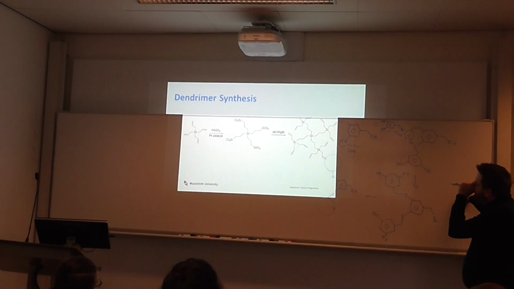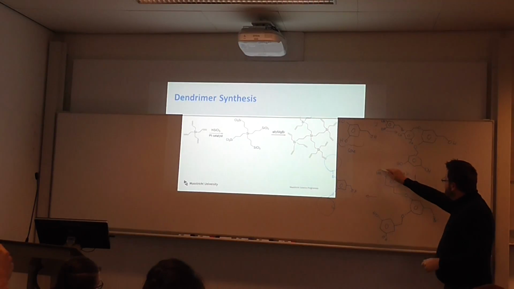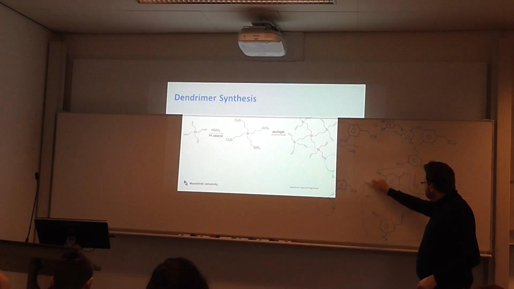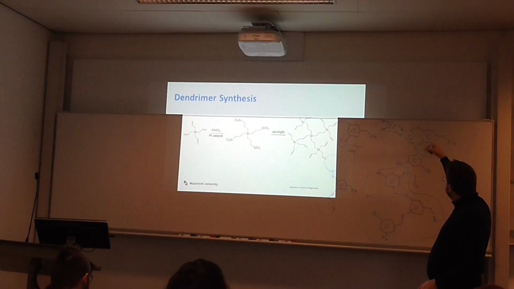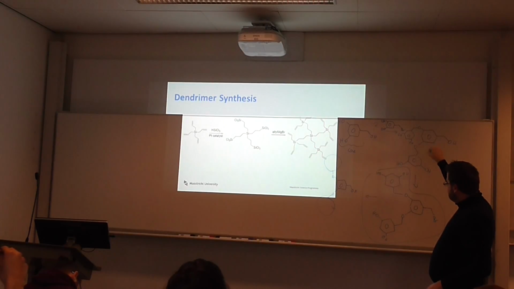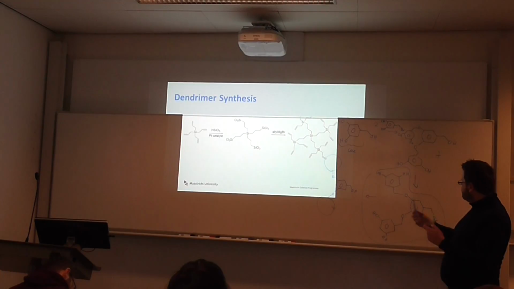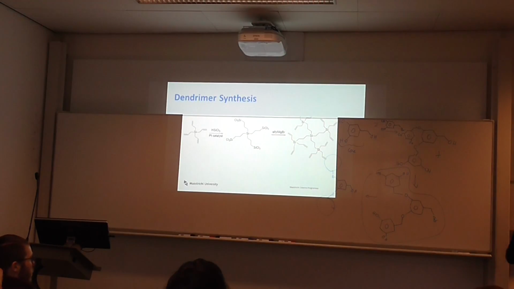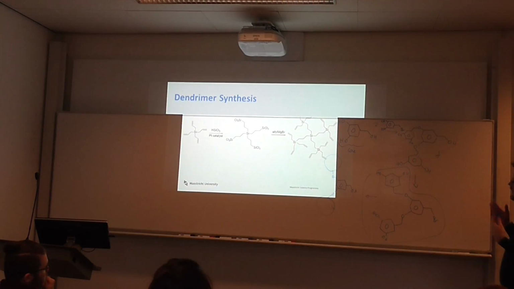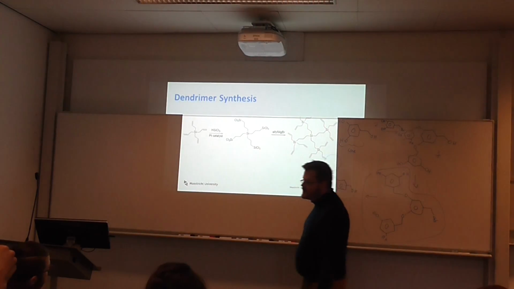Just a moment. I just want to check this. So yes, you react this indeed. You react this with this. This is a good leaving group. And then you get the huge dendrimer, and then you convert the OH to a bromine, and then you do the same thing again and again and again, and you can get very, very large systems.